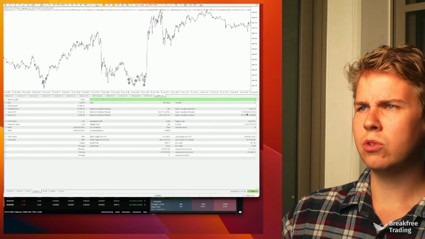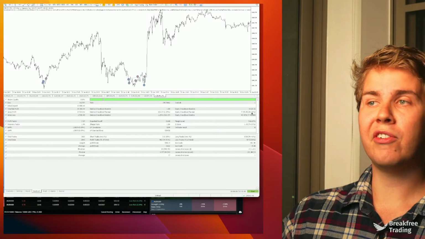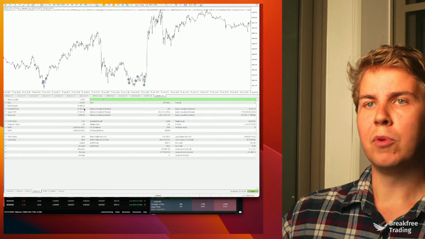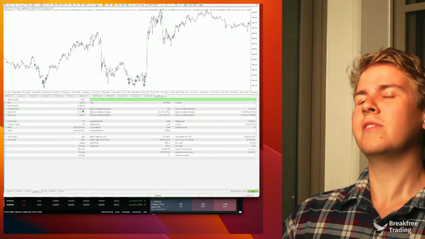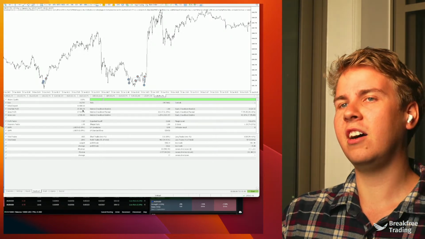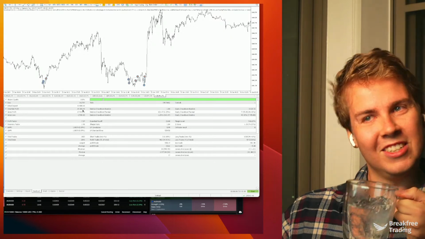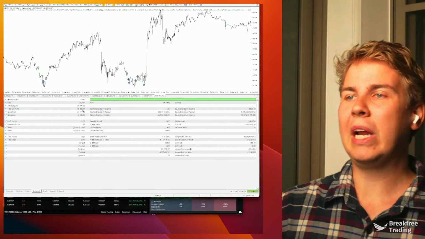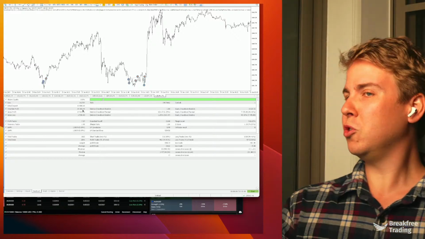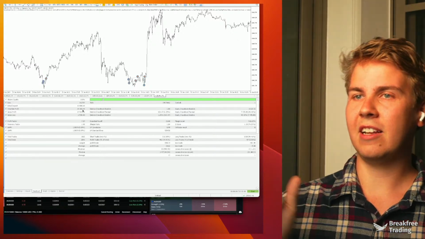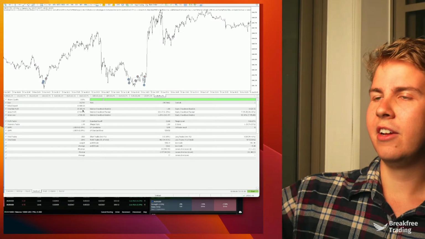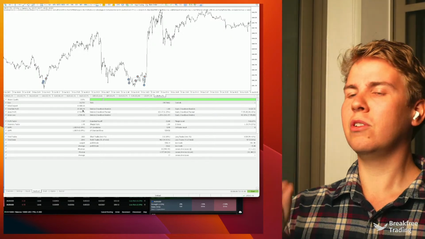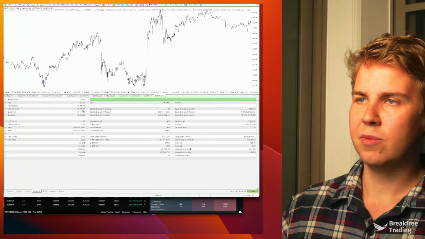The equity drawdown has been up to 45%, so that's heavy. But you can also see that the total net profit is $15,000. It's good stuff. Like I'm saying, we need to find the sweet spot between too much risk and high profitability, and then low risk, and also keeping a steady profitability from that.